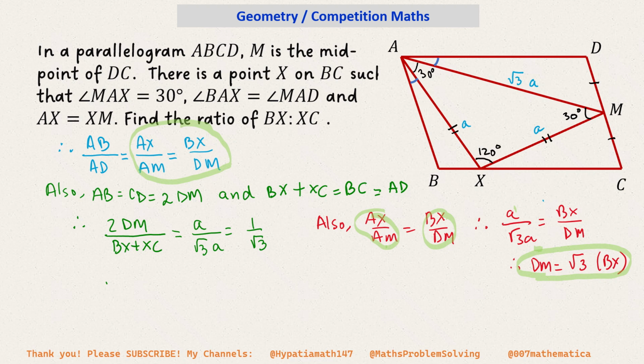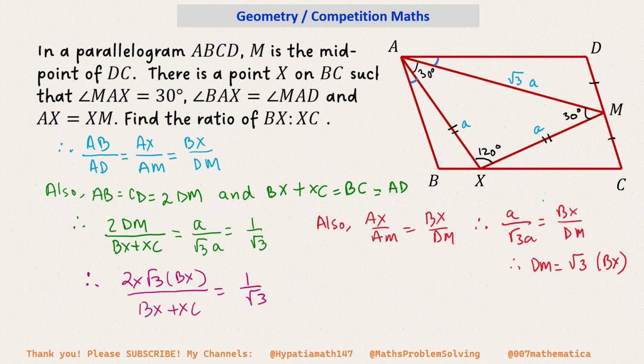So if you substitute the value, instead of twice DM, I write twice root 3 times BX divided by BX plus XC, and that is equal to 1 out of root 3.